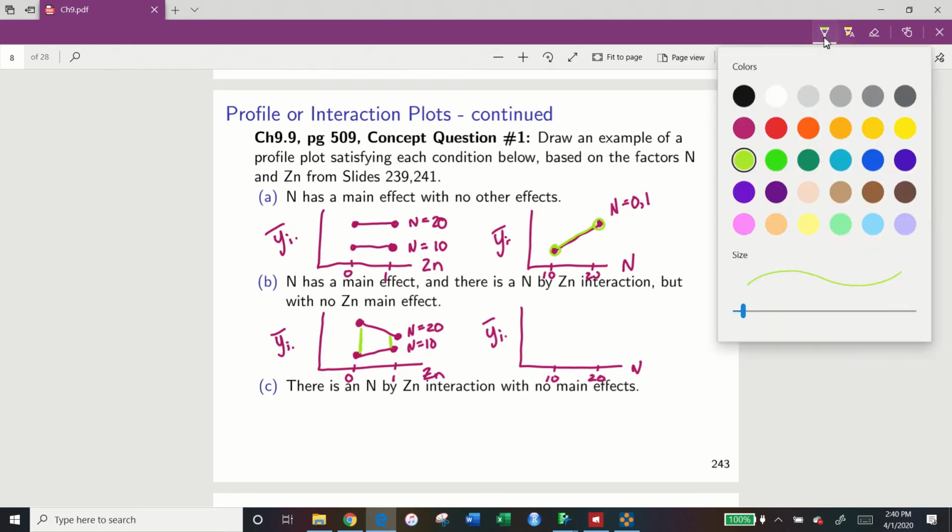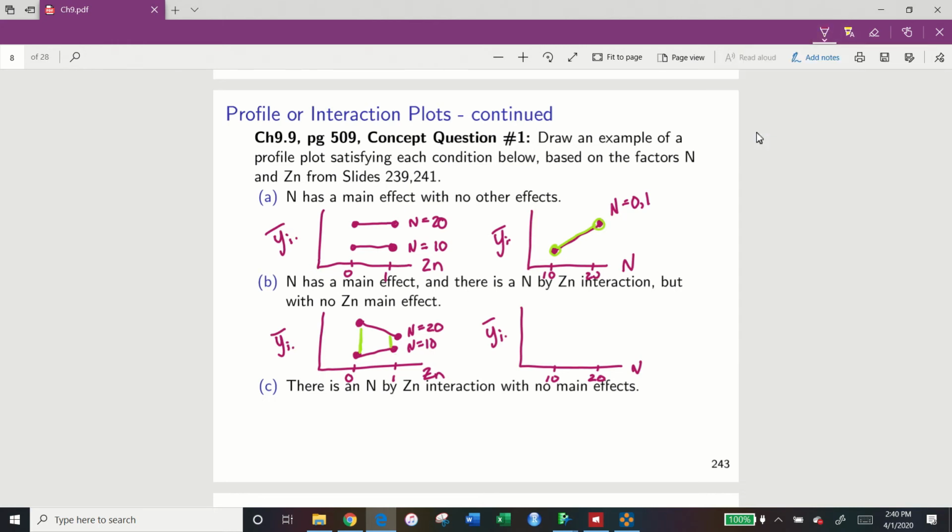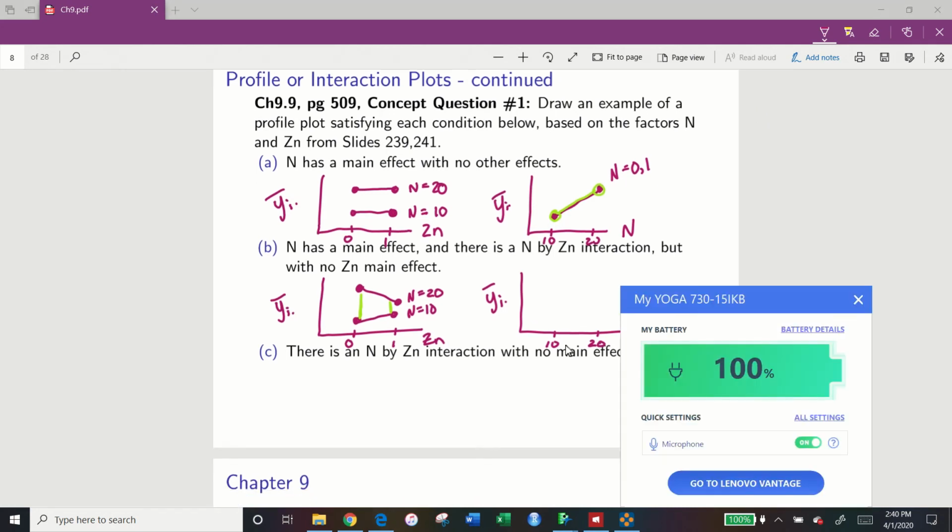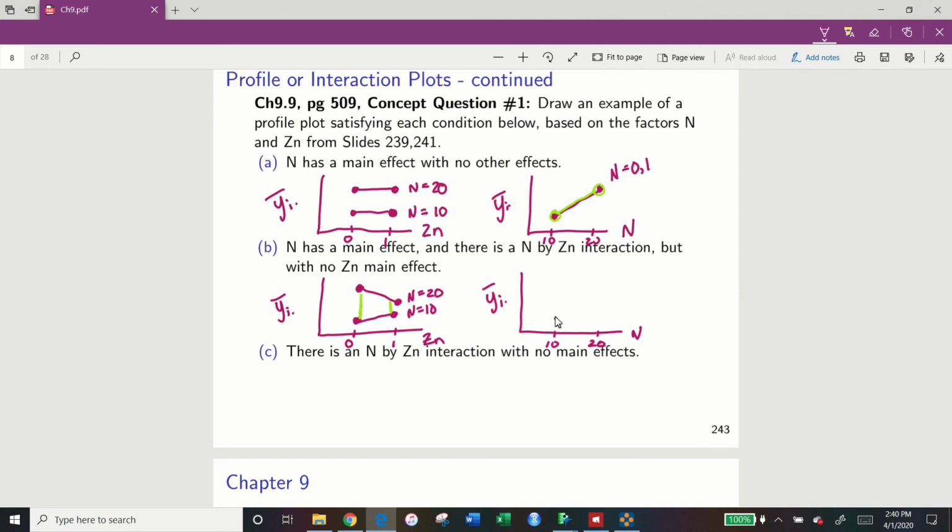Now to show this, when we have nitrogen on our x-axis, we're going to still show that distinct rise of 10 to 20 when nitrogen is 0.